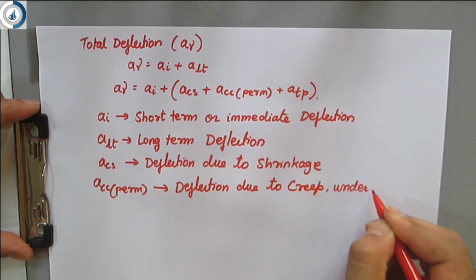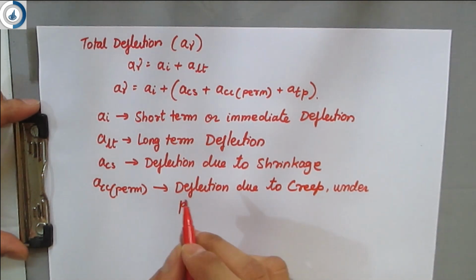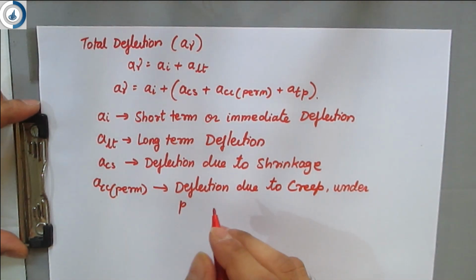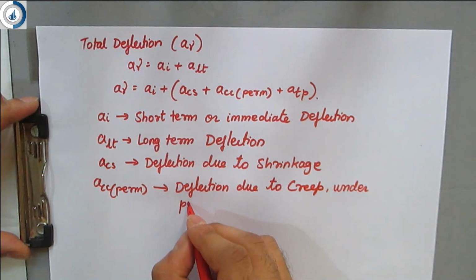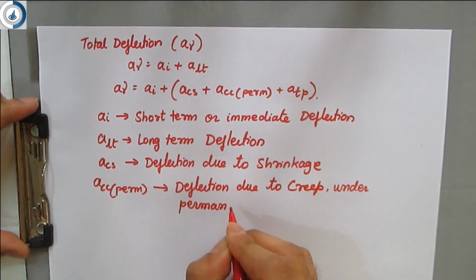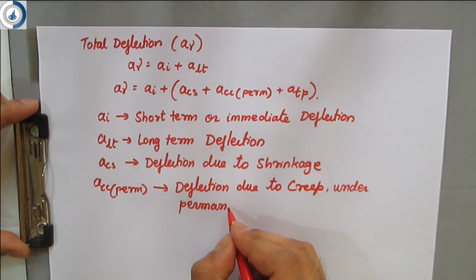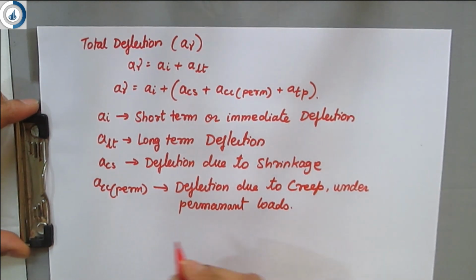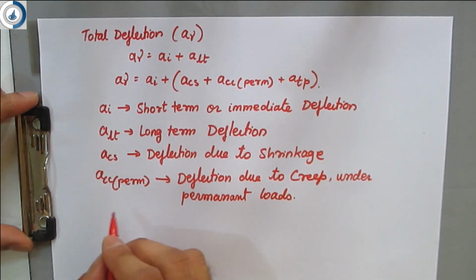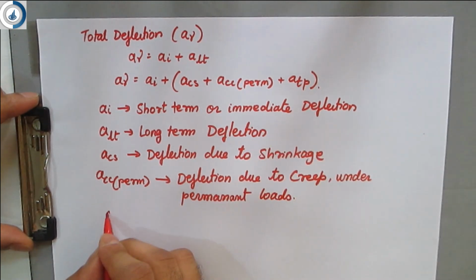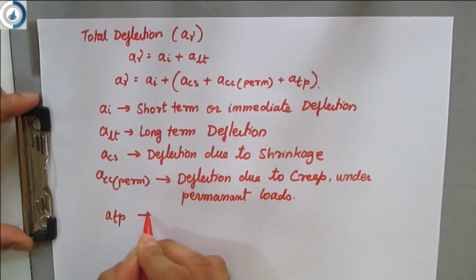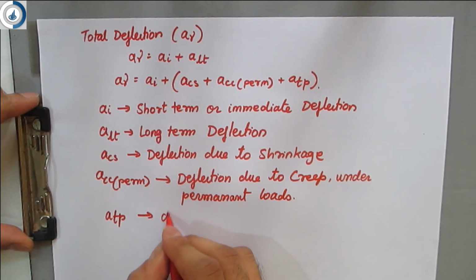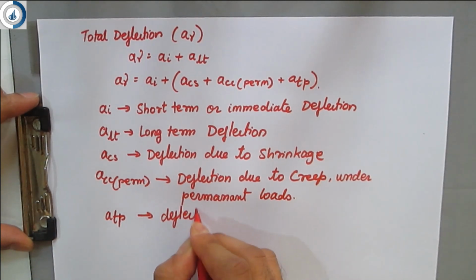That's why this term was given 50% of the permanent loads, right? So under permanent loads. Then ATP, the last one, is nothing but deflection due to temperature.